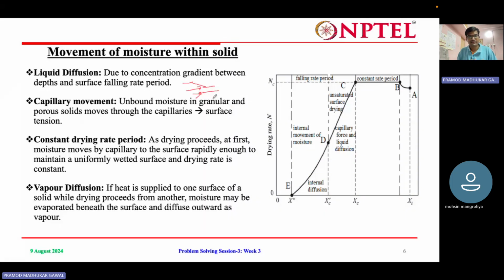Next are the constant drying rate period and then vapor diffusion. Here is the graph showing drying rate versus moisture. We'll see the details of this graph in the next slide.